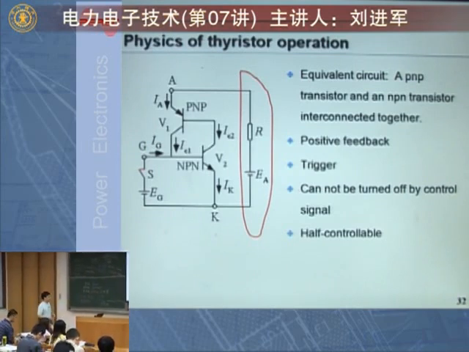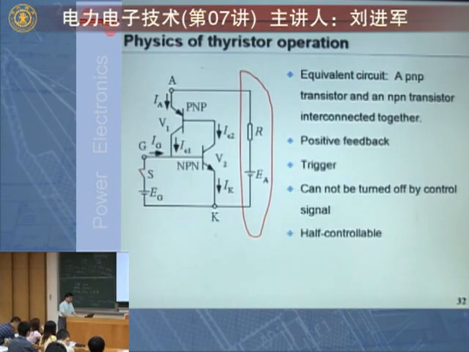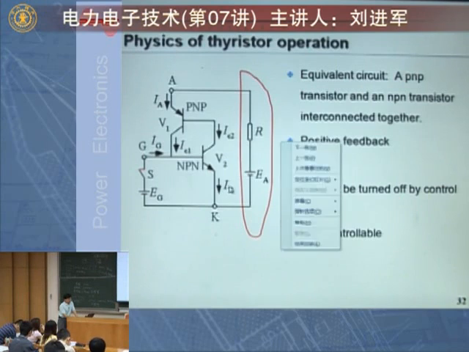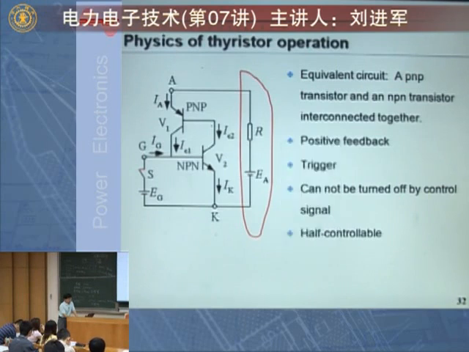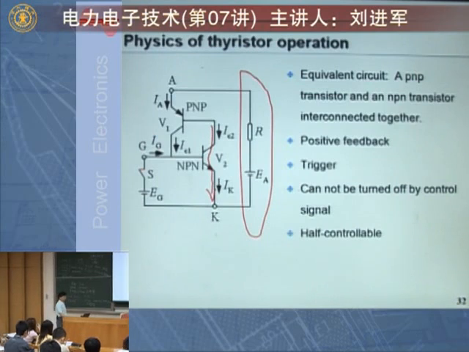When V2 has some base current, what happens? V2 will be generating current flowing through. When you have base current for the transistor V2, there will be current flowing this way.